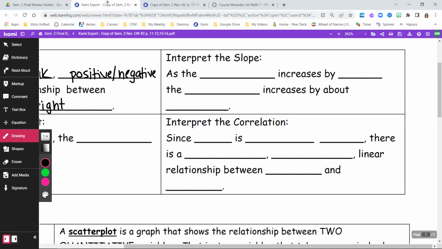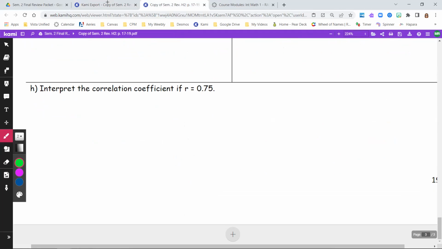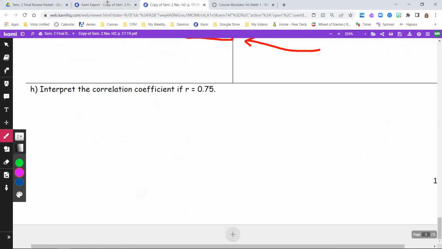Again, these sentence frames are in your composition book. So since R equals 0.75, and we're either going to say close to or far from 1, since this is positive, I'd say close to 1.